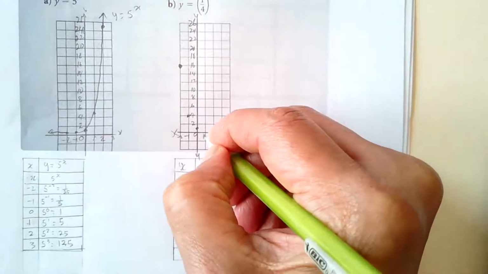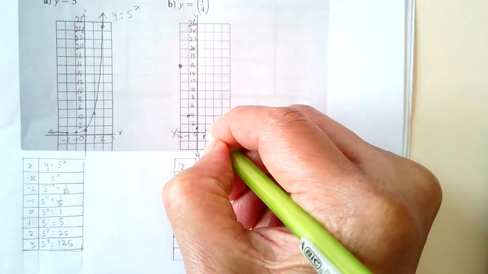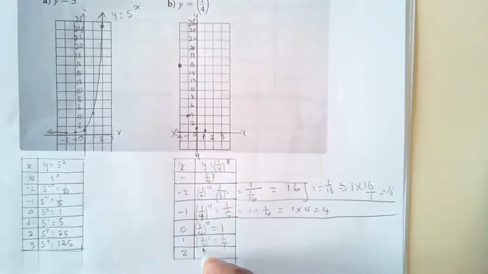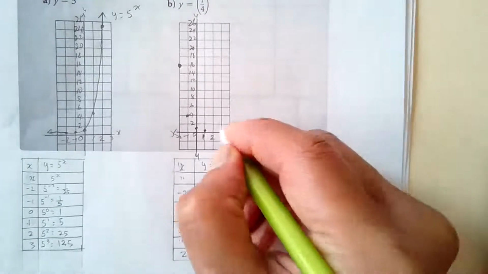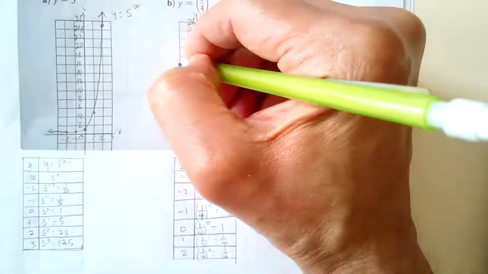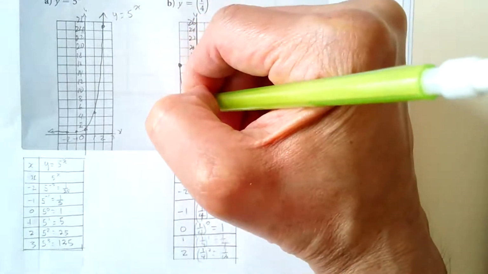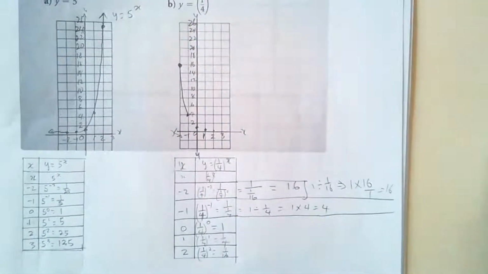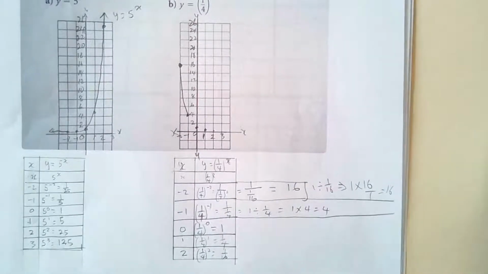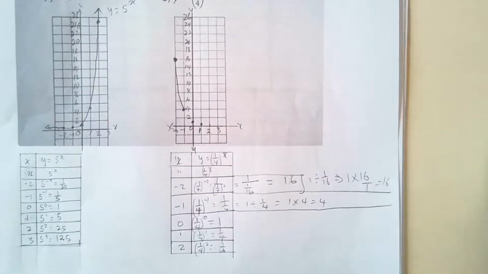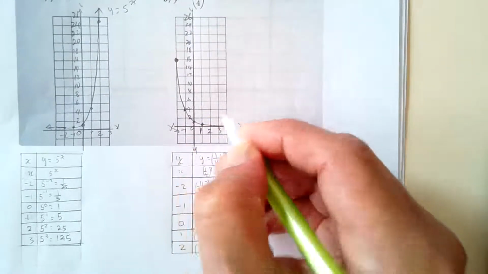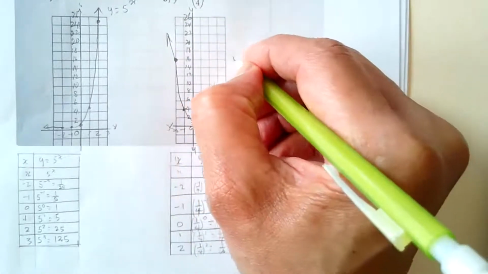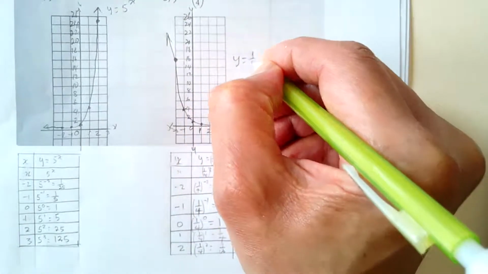So when x is 1, y is a quarter, and so that gives us 1/16 for the earlier point. So this is my y equal to 1.